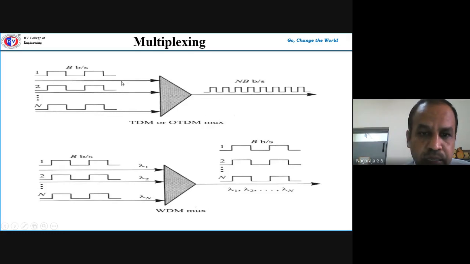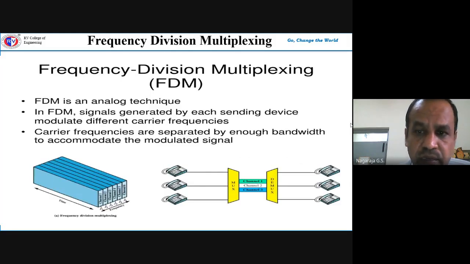It is nothing but many to one. Then when we talk about wavelength division multiplexing, here we focus more on light signals rather than other data bit signals.